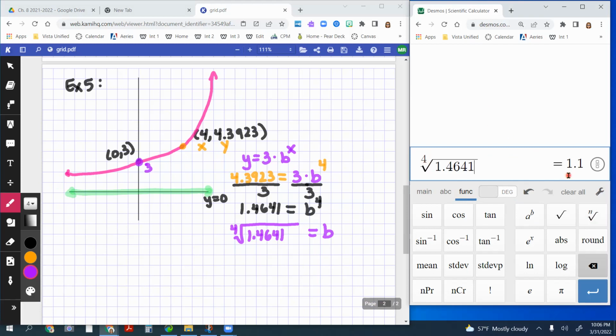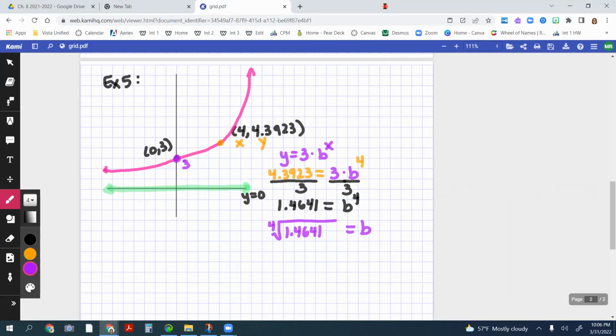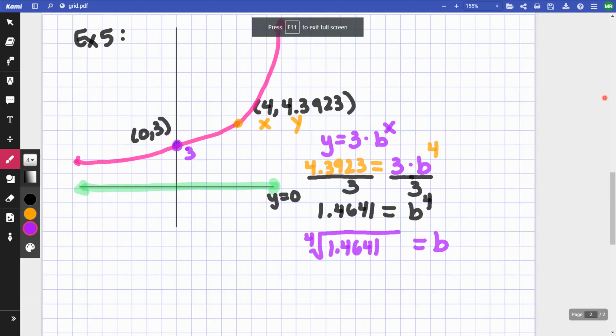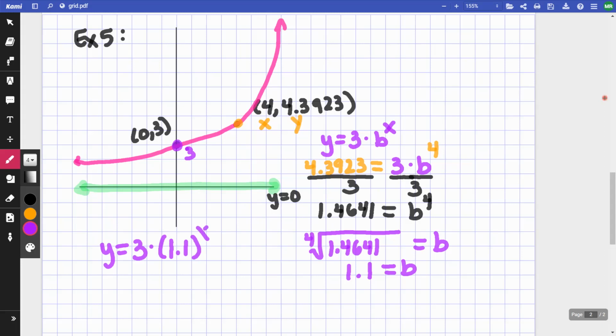I got a 1.1. So this is going to be 1.1 is equal to b. So our final equation: y is equal to 3 times 1.1 to the power x.